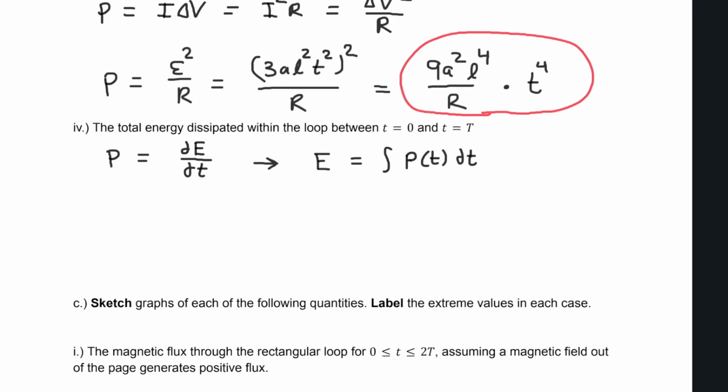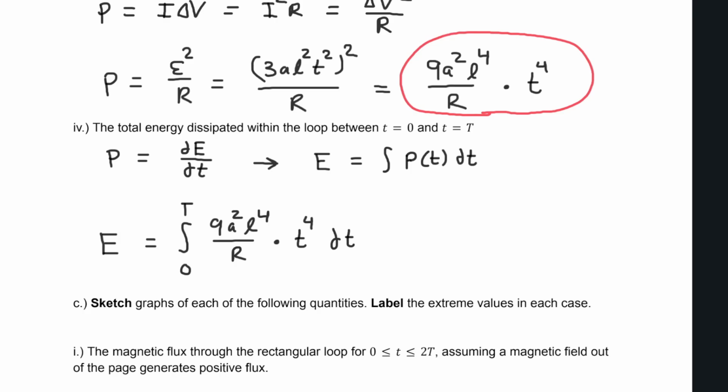So if we add up all of the instantaneous rate of energy dissipations, we get the total energy. So the energy is just going to be integrating from 0 to capital T of our power, which is 9A squared L to the fourth over R times T to the fourth dt.